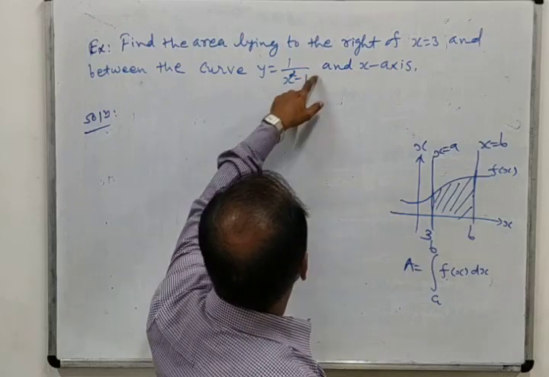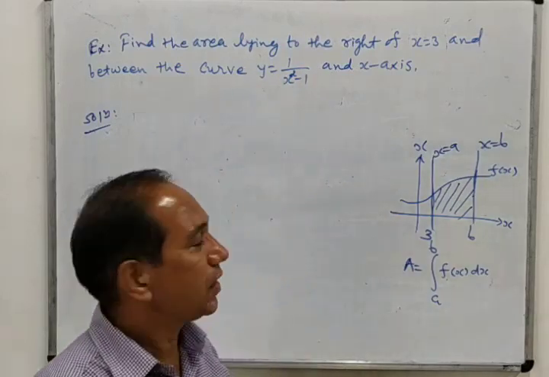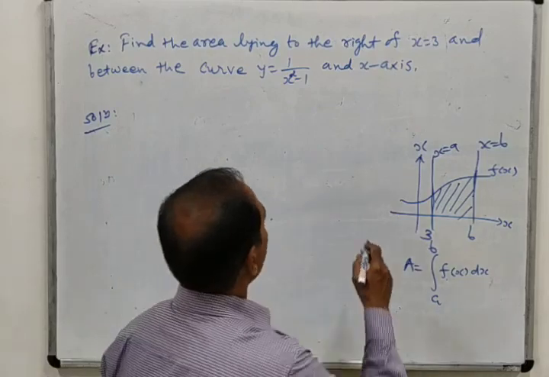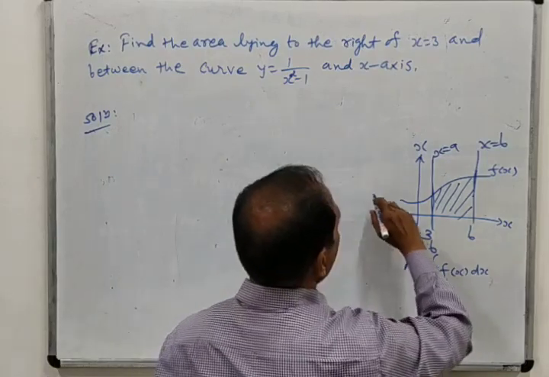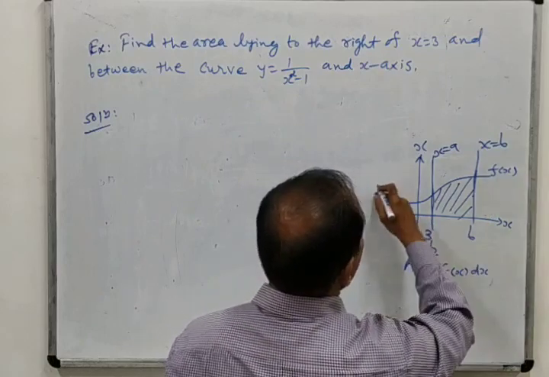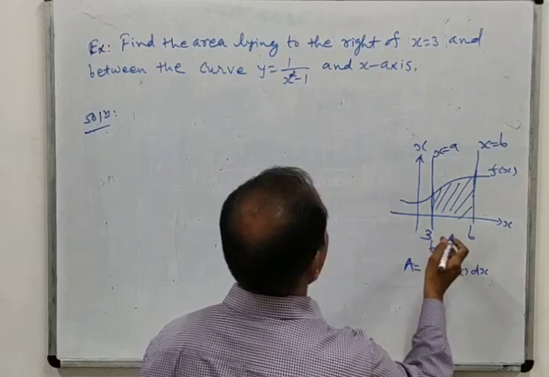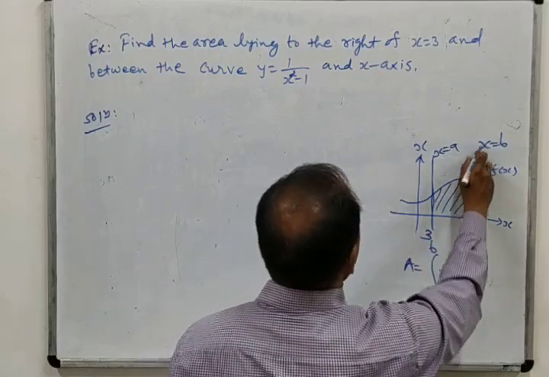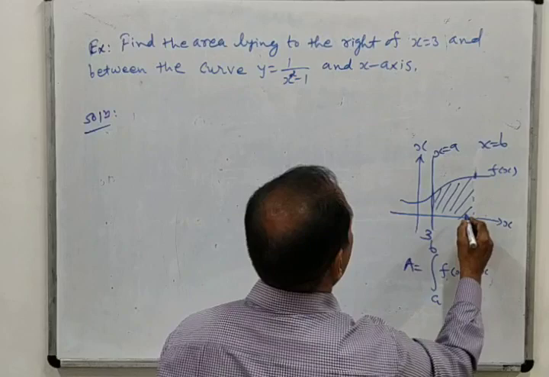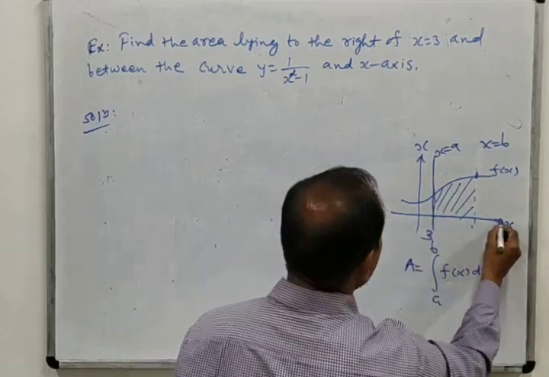Drawing this graph is a lengthy process, so we will not discuss how to trace this curve. We will simply suppose it is of this kind, with the x-axis, to the right of x equal to 3 and above the x-axis. So the boundaries are there.